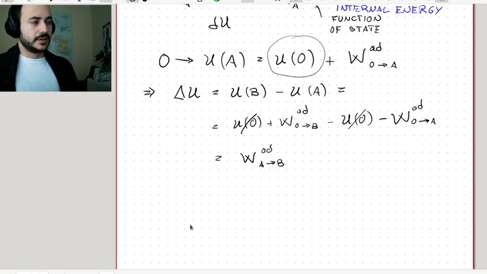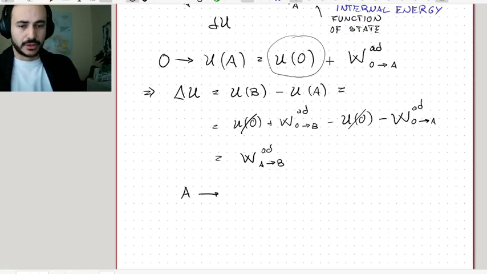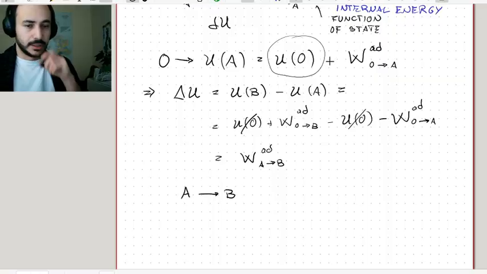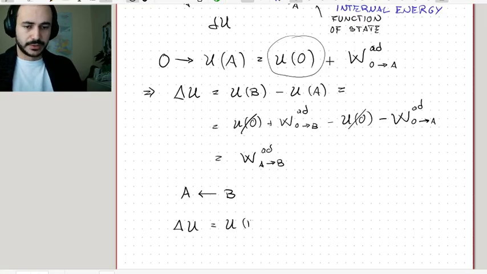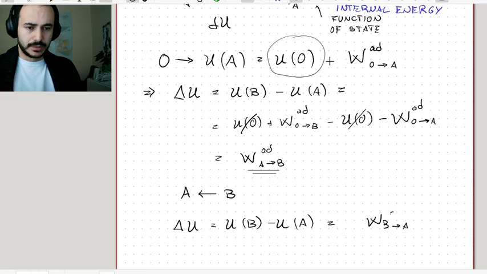Again, there is another caveat to this, which is that it may not be possible to go from A to B at all, not even through a non-equilibrium process. But in those cases, it will always be possible to go from B to A. So don't worry about it, this one will always be possible. So what you have to do, if you want to say what the difference in internal energy is from A to B, which is UB minus UA, because this is a process that you can't do, is to go from B to A, adiabatically.